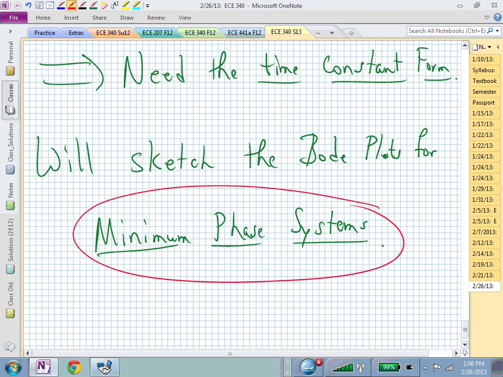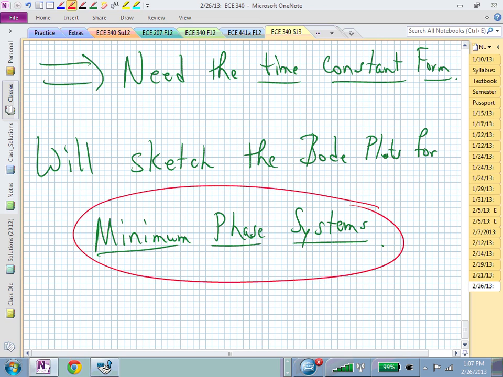Have we defined what that means? Have we defined what a minimum phase system is or represents in this class? Made that comment yet? I can't remember if we have or have not. No? You don't remember me saying that?